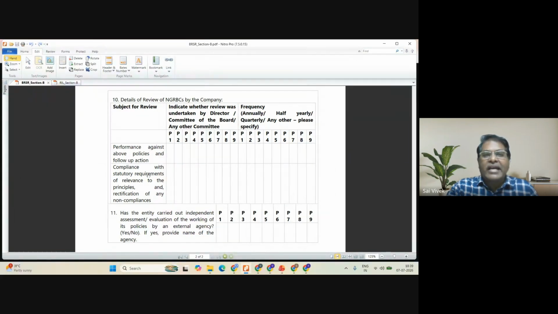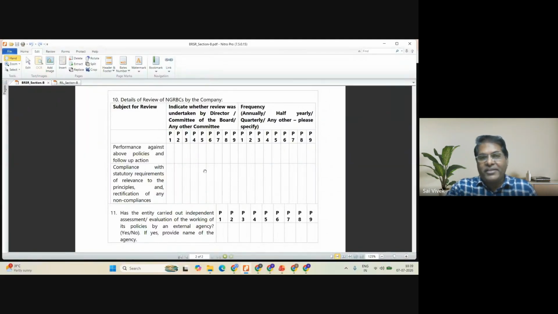So these are statutory requirements. Now, the director, the board of directors and the higher management are required to rectify any non-compliances in this company. So compliance with the statutory requirements of relevance to the principles has to be mentioned here.